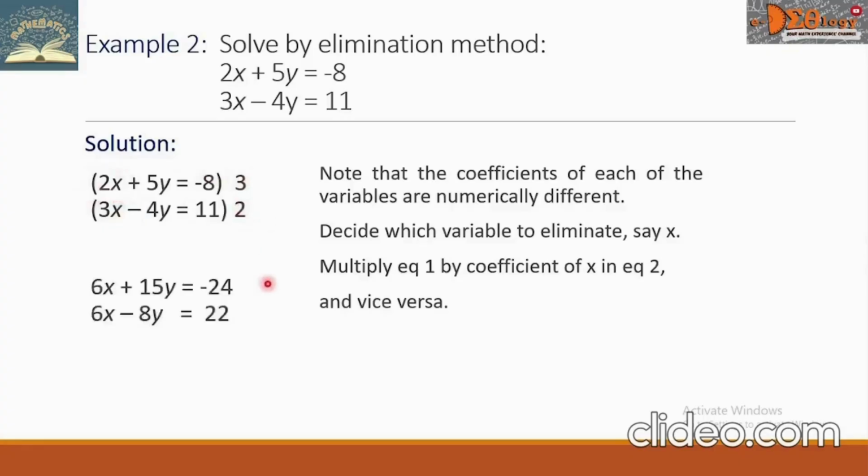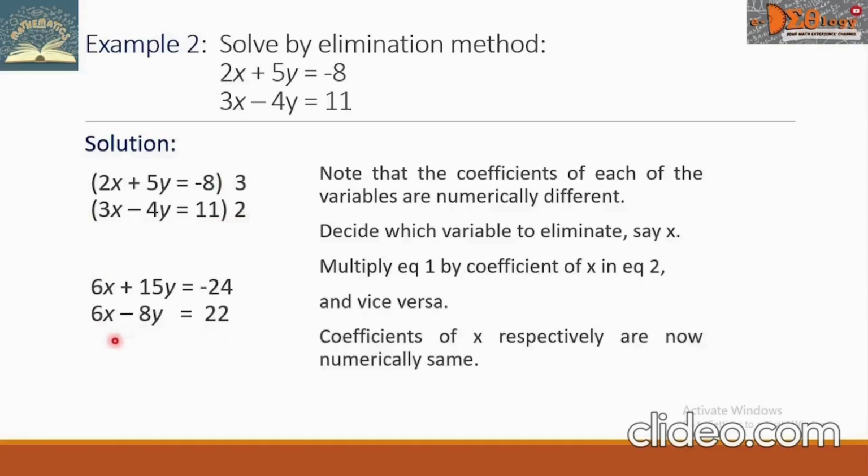So the equations become like this. The first equation multiplied by 3 becomes 6x plus 15y equals negative 24. The second equation multiplied by 2 becomes 6x minus 8y equals 22.